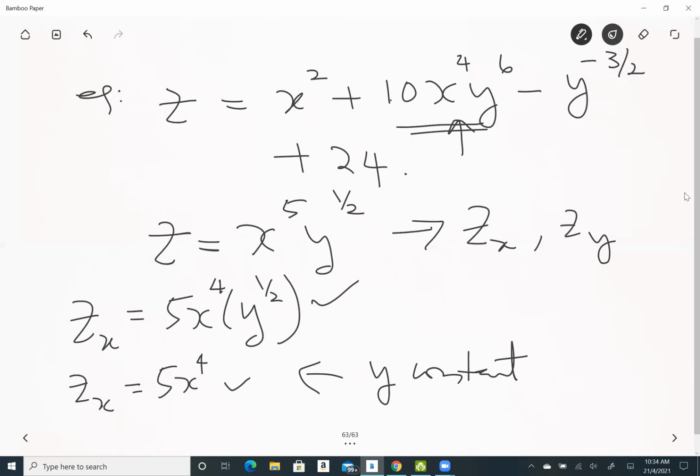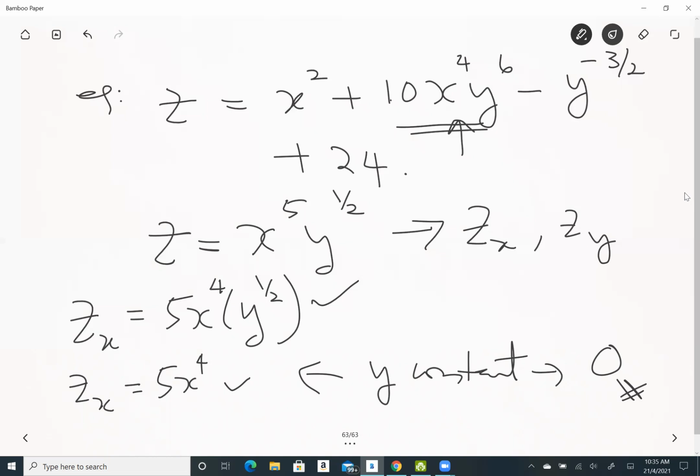So I think what you were thinking was, when y is a constant, the derivative will be 0, right? Now, if it is 0, you multiply by the 5x to the power of 4, what do you get? 0. You get 0.